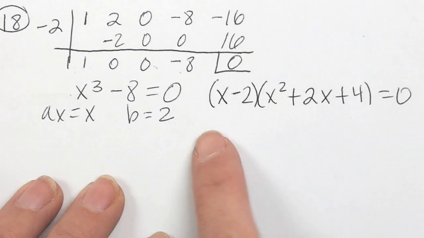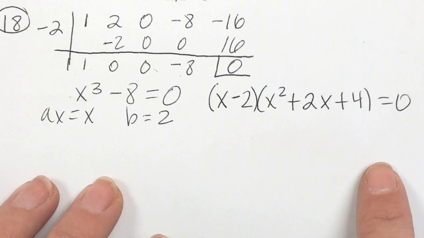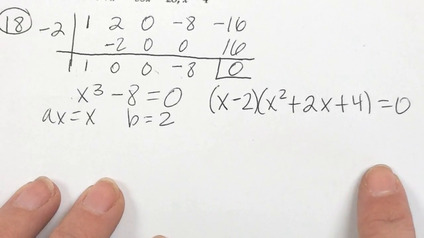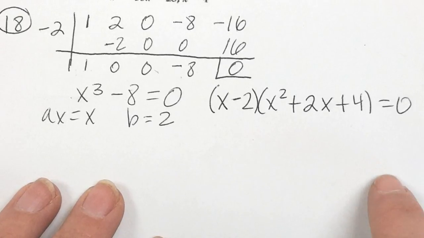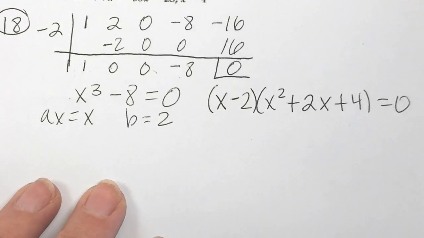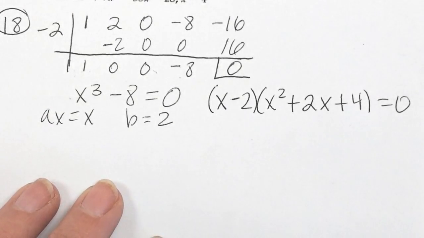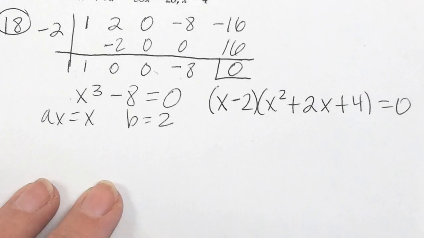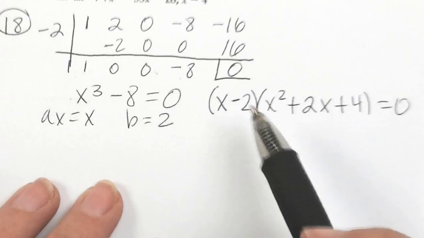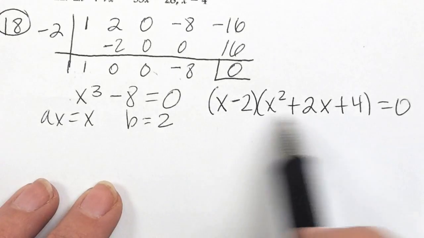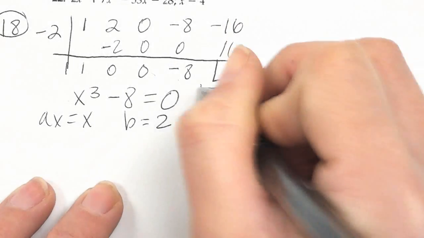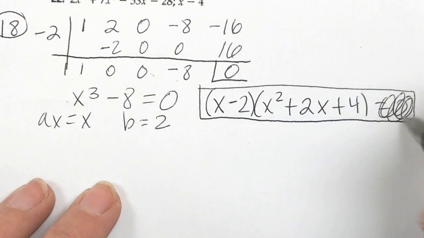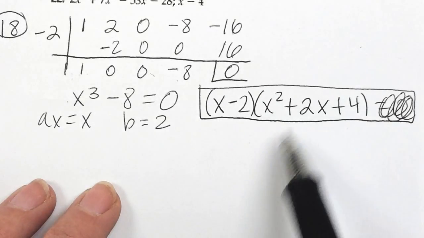Any questions about how we got this? If you don't know the sum of cubes formula and difference of cubes formula, I promise you if you memorize them, it'll make your life a whole lot easier, at least in here. Any questions so far? And we don't have to solve for it, right? They just said to find the other factors. And these are the other factors, correct? So we're done. This is in factored form.